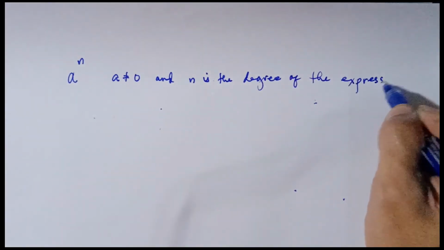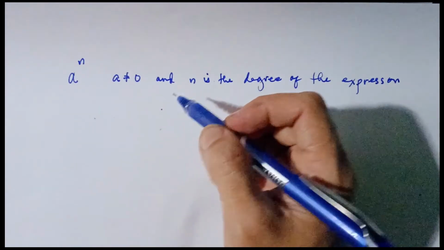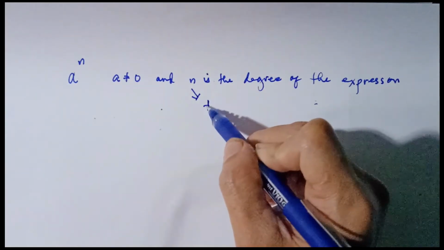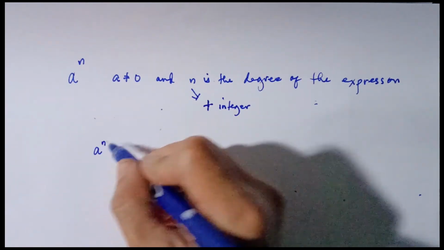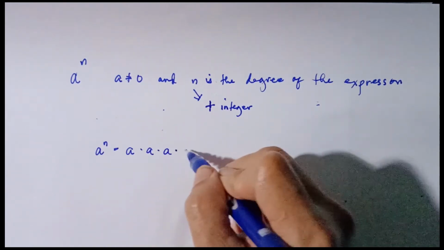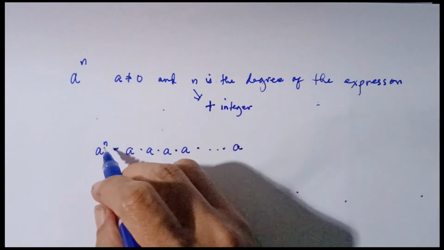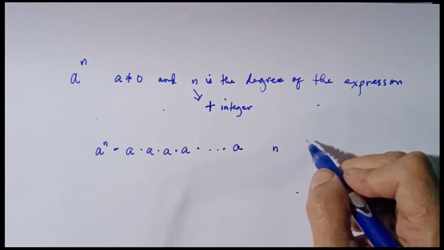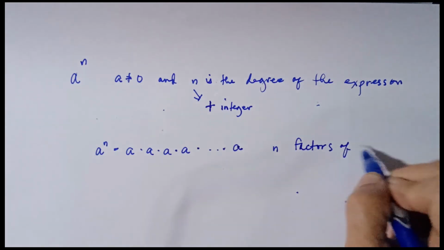The exponent must be a positive integer, so our n must always be a positive integer. a^n equals a times a times a, and so on, with n factors of a.